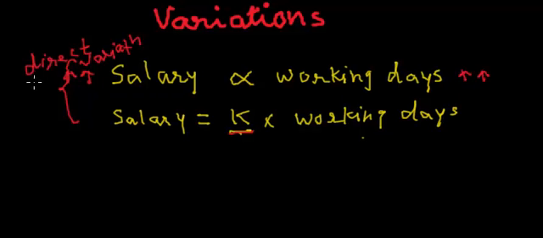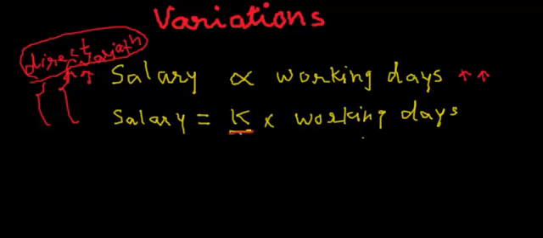Here, if a person works for more days, he gets more salary, and if he works for less days, he'll get less salary. So this is one example of direct variation. Direct variation means both the quantities are directly related. If one increases, the other also increases, and if one decreases, the other will also decrease, right?